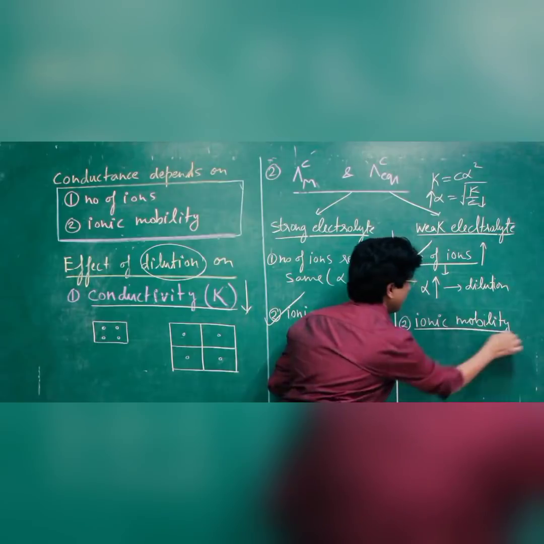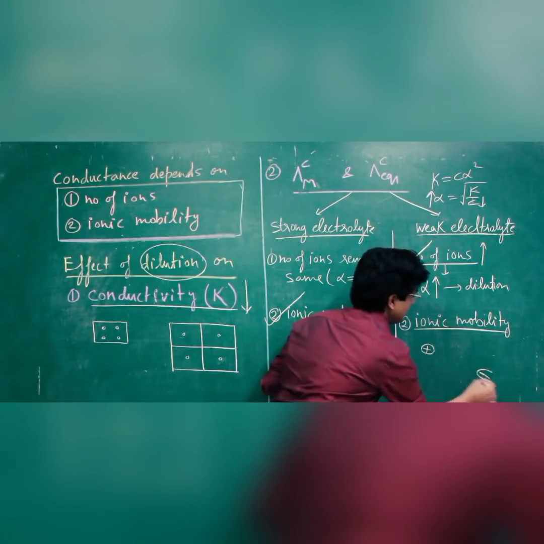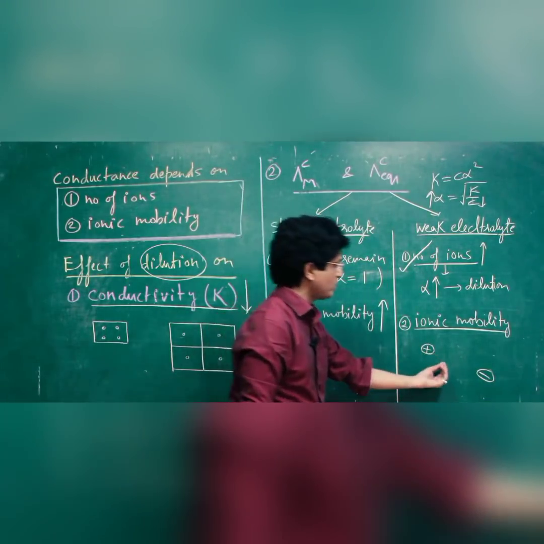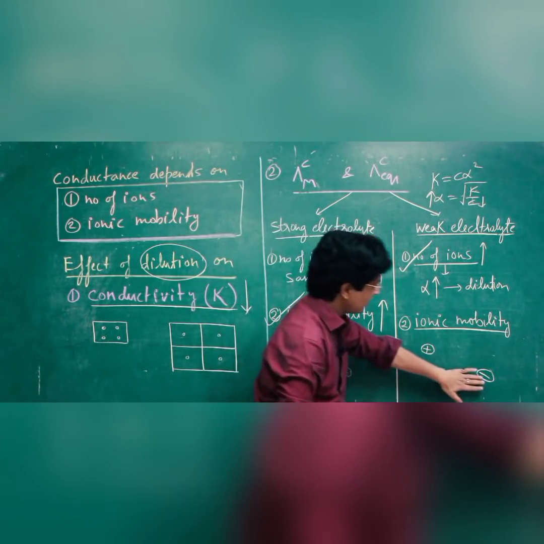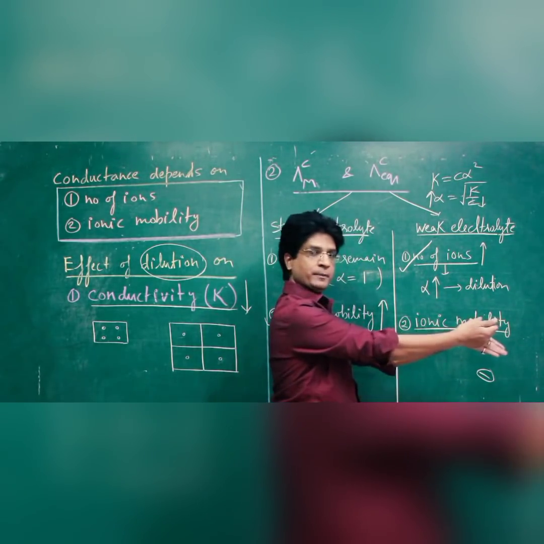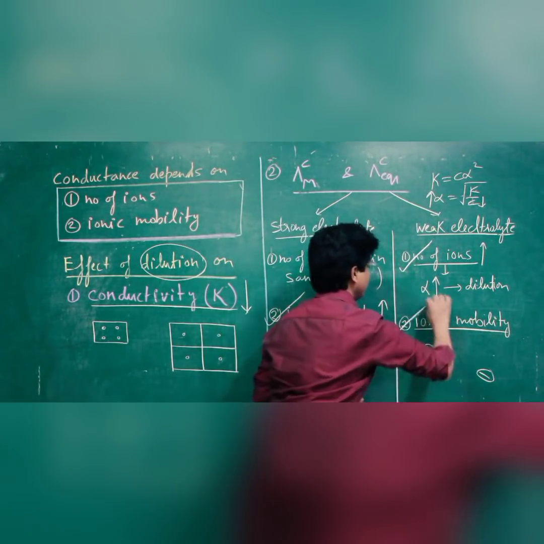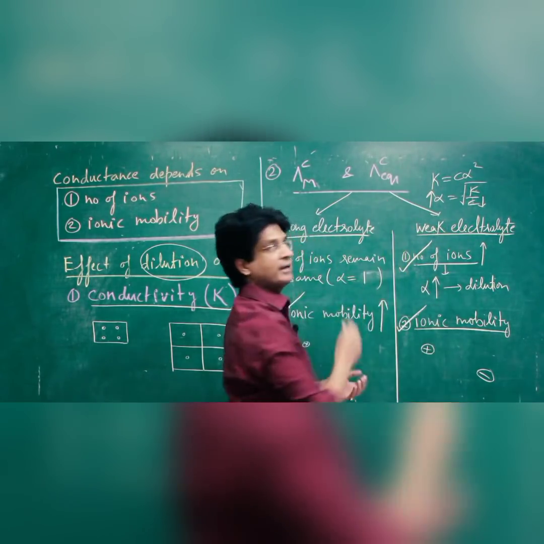Now come to ionic mobility, same answer. On dilution, the inter-ionic distance will increase, and because of that the inter-ionic interaction will also decrease, and the charge will not feel the pullback force, so the ions will move faster. So in this case, for weak electrolytes, both factors increase to give you more conductance.